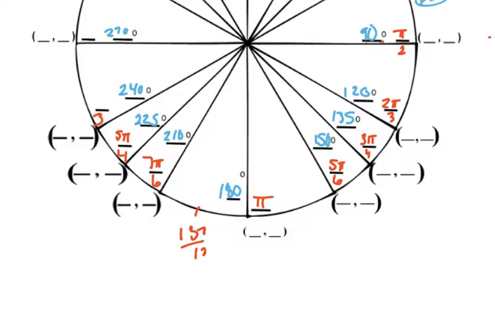And so from 13, 14, 15, we have 16, which is divided by 12, so 8 pi over 3, oh, but that's not enough, so 4 pi over 3.